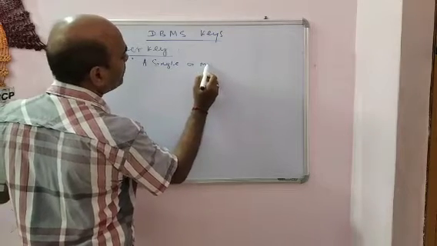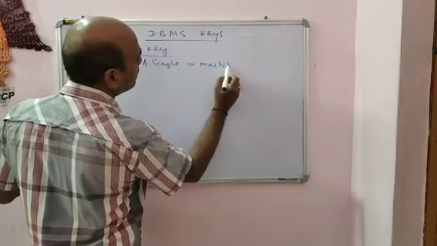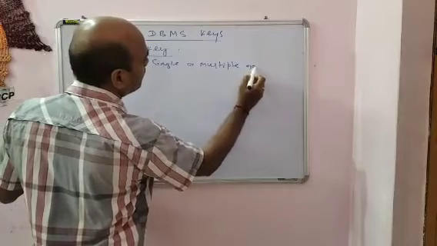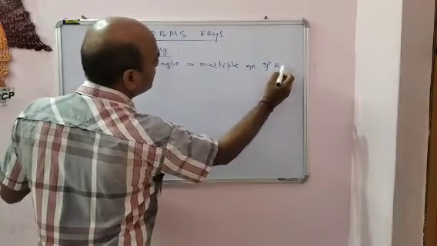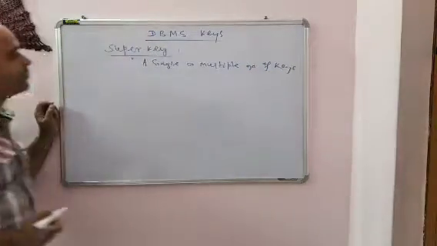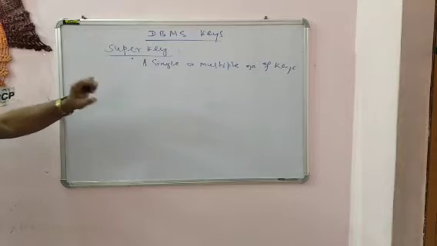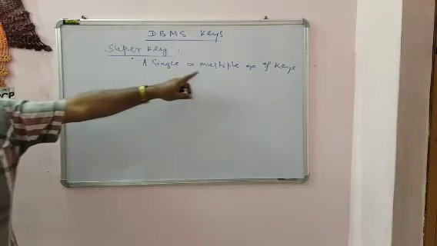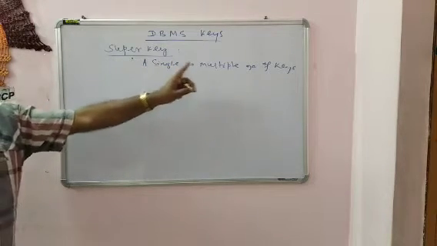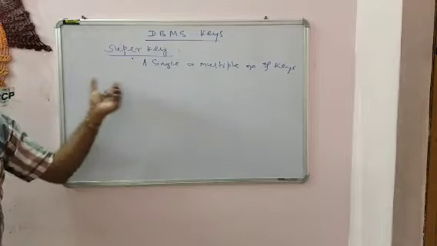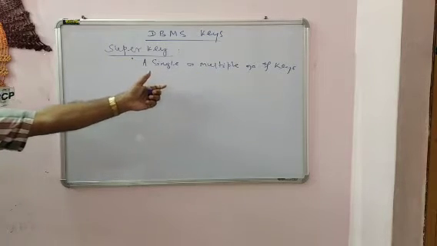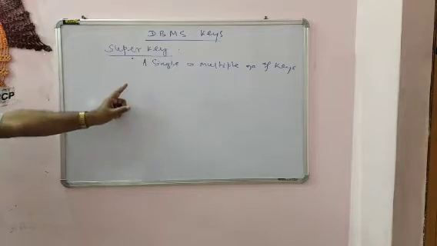It is a single or multiple number of keys which identify a row in a table. It is single or multiple keys that identify uniquely a row in a table.